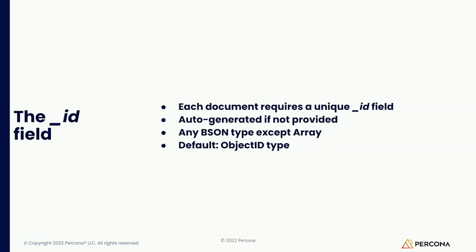And if you want, you can customize it. And it can be any BSON type of the ones that were in the previous slide, except array. Okay? By default, it will be created as ObjectId. And I'll show you how this looks in a minute. But just remember that the _id is kind of like the primary key, and that is required everywhere.